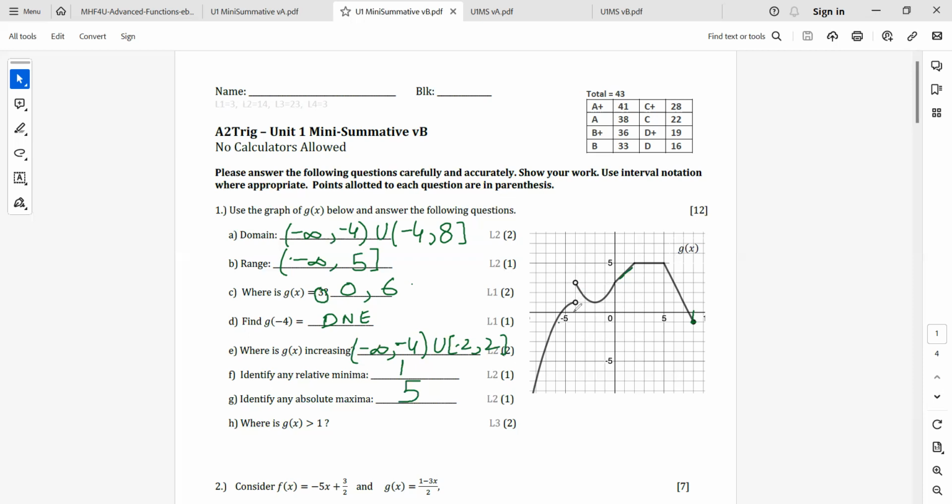What does that mean? G of x means y, so y is greater than 1. So it is the upper part, from this 1 upward.